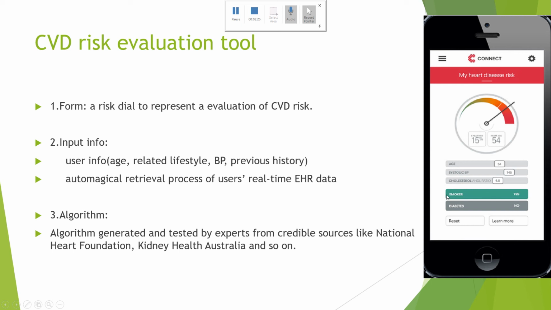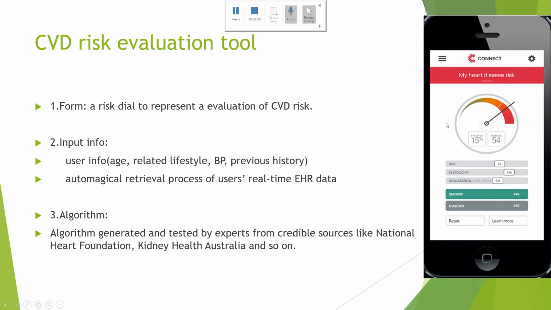The input data includes two separate sources. The first is the user information, which is age, related lifestyle, blood pressure, and something like that. The second source is the EHR data coming from the community hospital or their GPs.